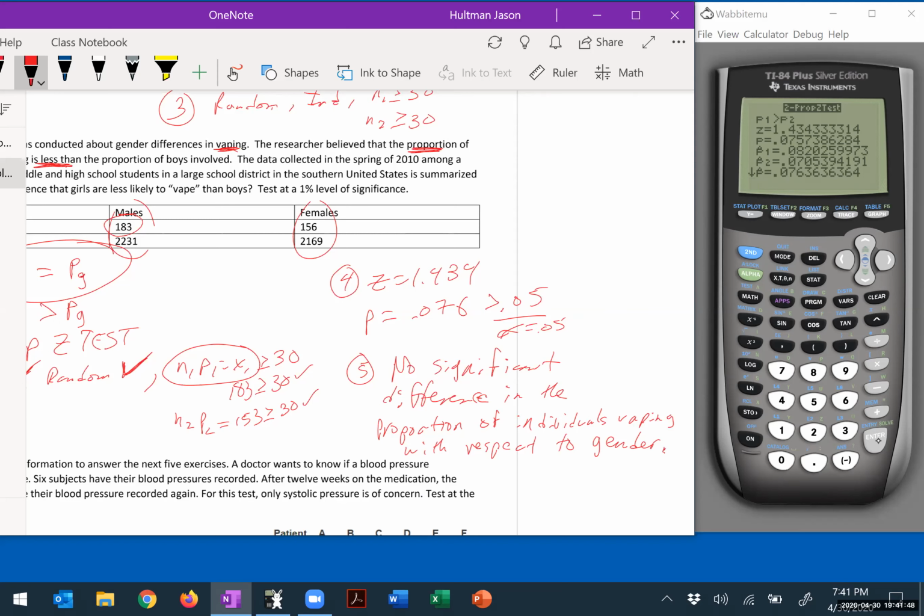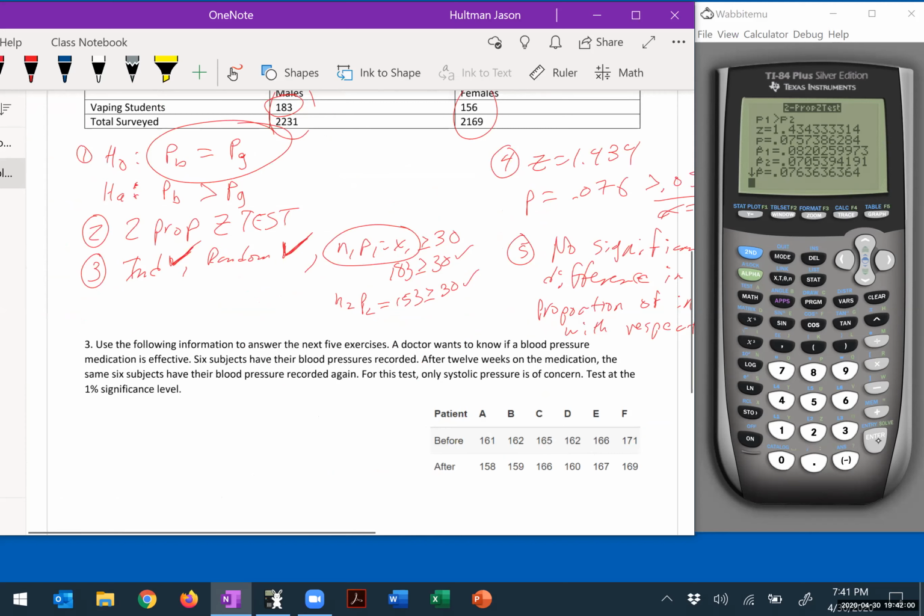Okay, so there's no significant difference between the genders when it comes to whether or not they do their vaping. So that's our conclusion.